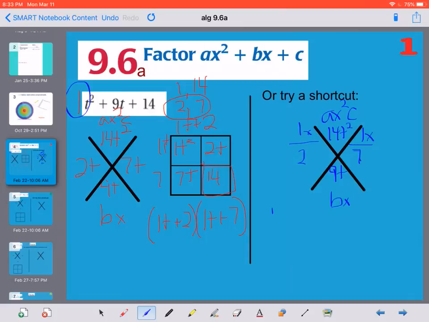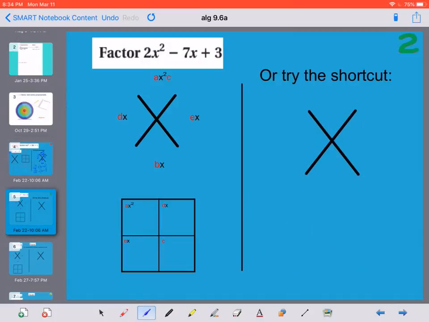So I'll have 1x over 2, which is going to equal out to x plus 2, because the 2 is positive, and 1x over 7. 7 is positive, so it's going to be 1x plus 7, which is going to give us the same thing we had in the other one. So it's a little bit of a shortcut. You can do that if you want to. We'll try another couple with the shortcut and without.